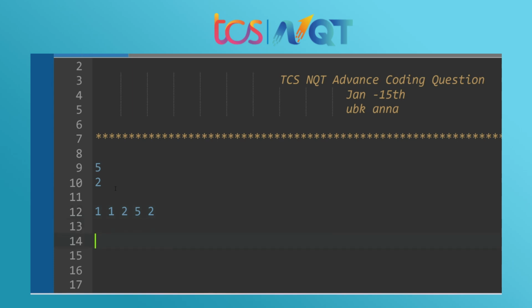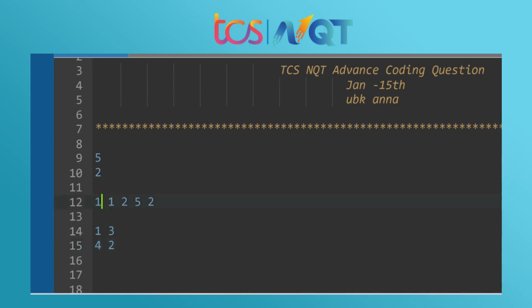Then we'll take the position which will be updated after re-evaluation. Let's say the position is 1 and the value is, let's say, 3. As I have taken the re-evaluation count as 2, a total of 2 re-evaluations will be there. At first I will update the value at position 1 by 3, and I will update the value at the fourth position by 2, right? So 2 re-evaluations will be done.